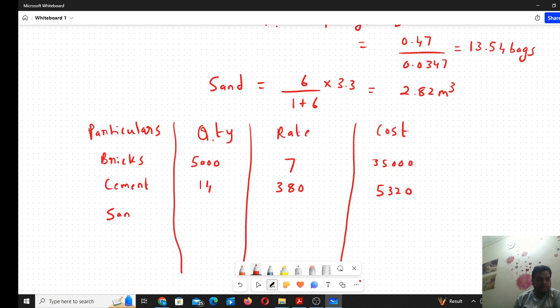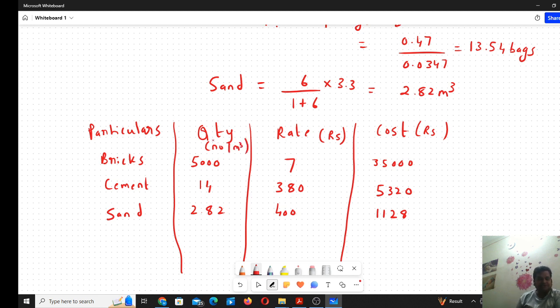Next, sand. Sand is 2.82 m cube required. Considering 400 per m cube, this comes out to be 1128. This cost is in rupees, and quantity is either in number or m cube, right.